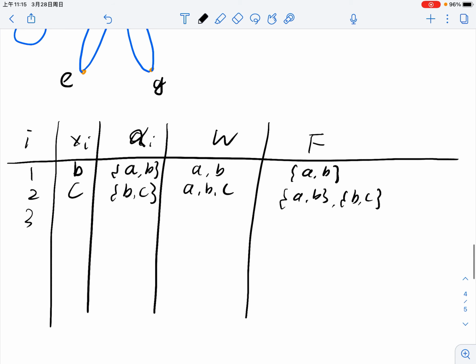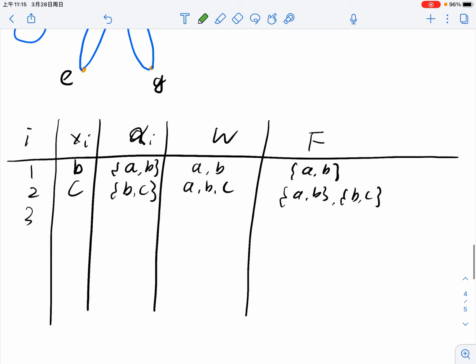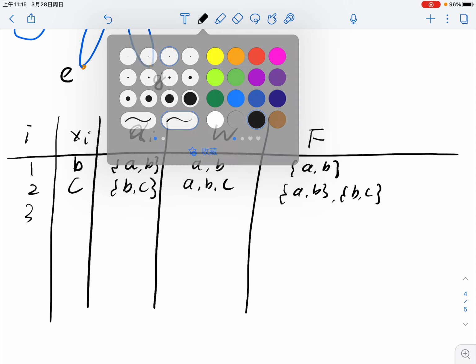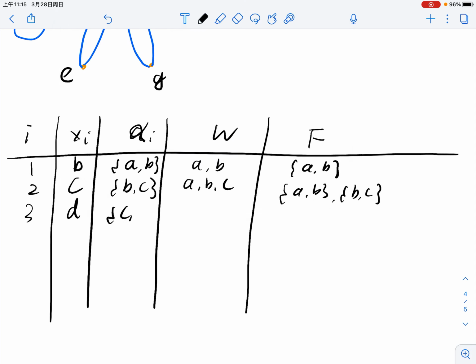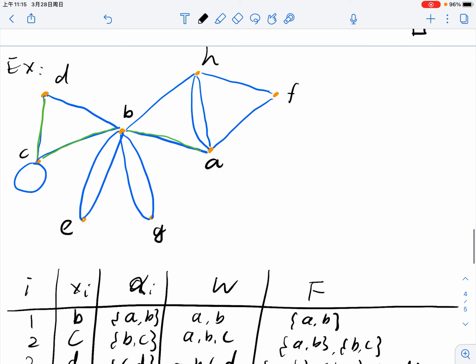And from C, because it has even degree, you need to note that a loop contributes 2 to the degree. Then from C, you find another edge outside the set F. So here you have D, for instance. Then alpha 3 is CD, W is {A, B, C, D}, and F is {AB, BC, CD}.